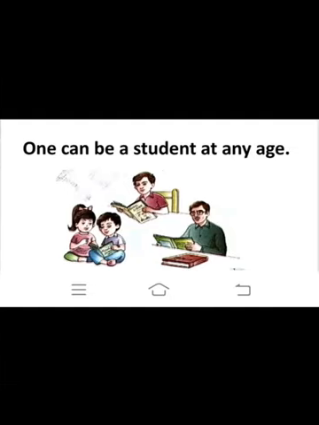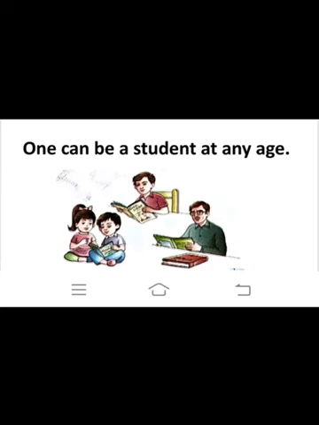So now by seeing these pictures, what do you understand? That one can be a student at any age. There is so much to learn that it is never too late to learn more.